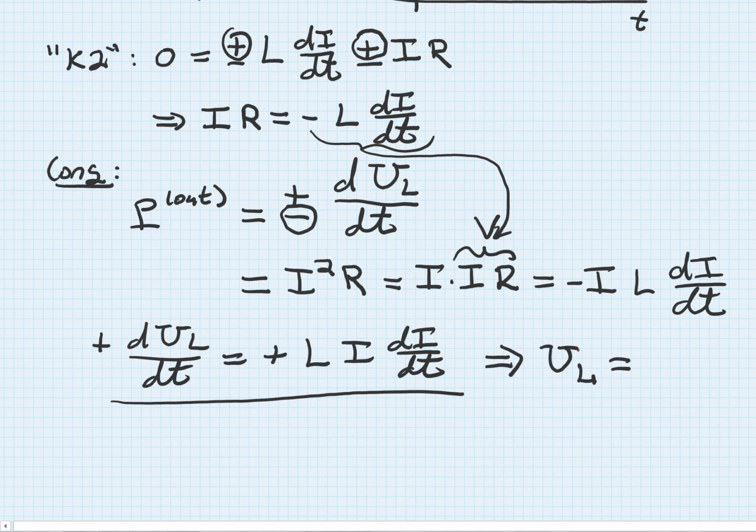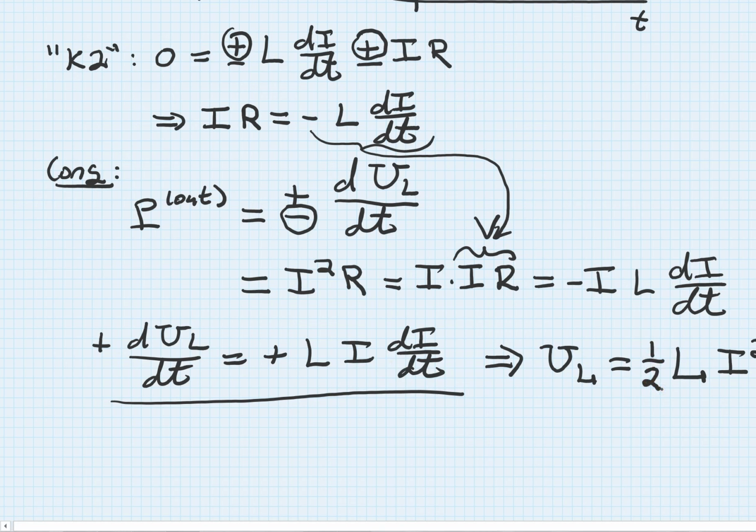I want something whose derivative gives me back I. So that sounds like it should be a function like I squared. So I would guess this would be something like, I need my constant L, of course, probably I squared. And that's nice, because when I take the time derivative of both sides, I get dU/dt on this side, and I'll get L times 2I times di/dt, which is exactly what I have here, except I'm missing a factor of 1/2. So there will be a factor of 1/2.